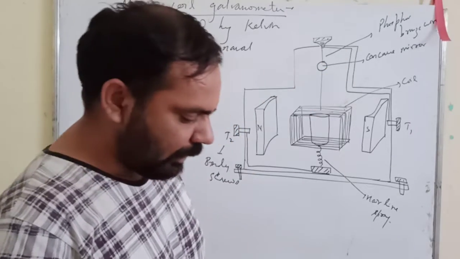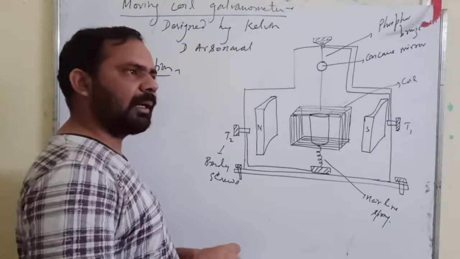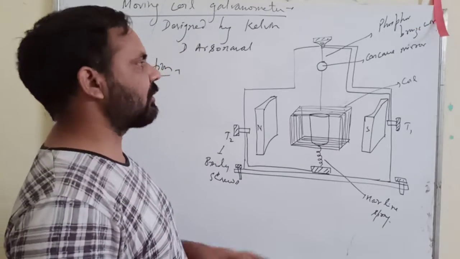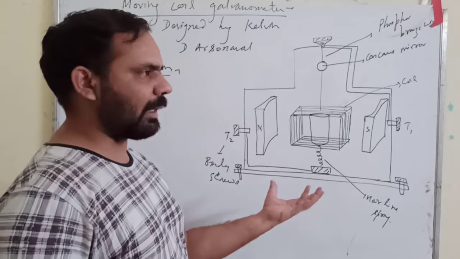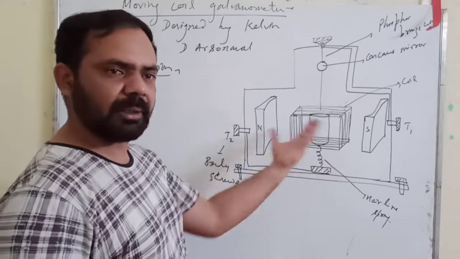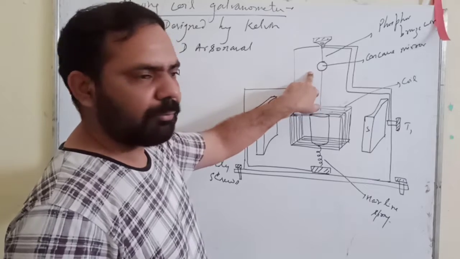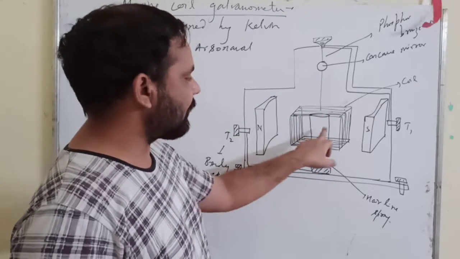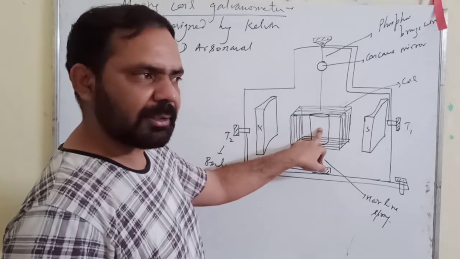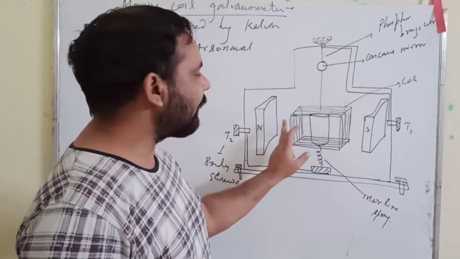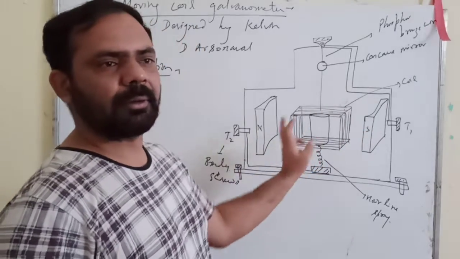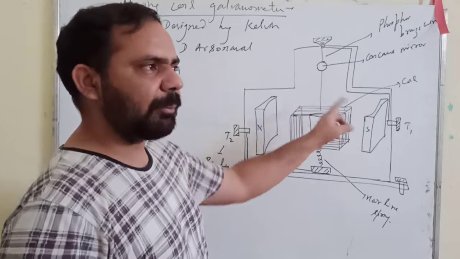Nowadays, in the new type of galvanometer, which is based on this one with a slight improvement, instead of the concave mirror we attach a needle, and that needle moves on a scale.